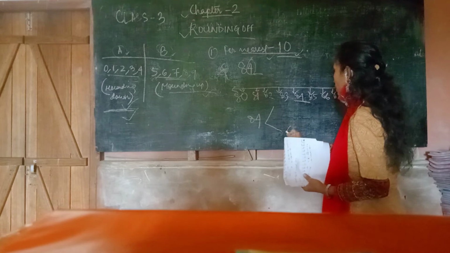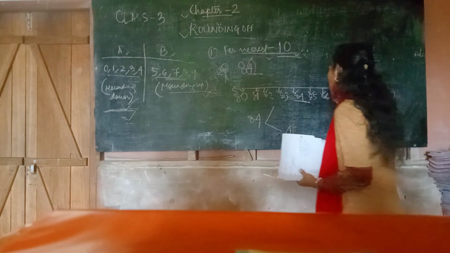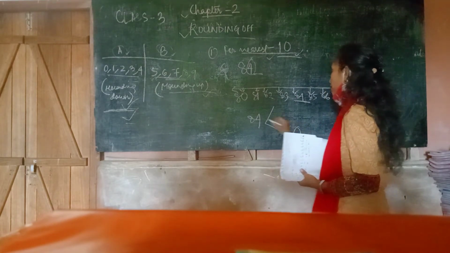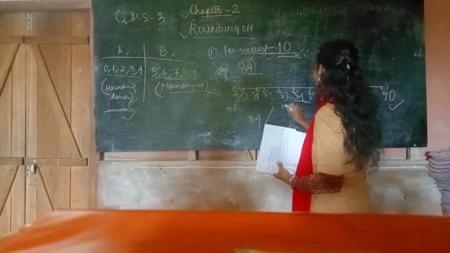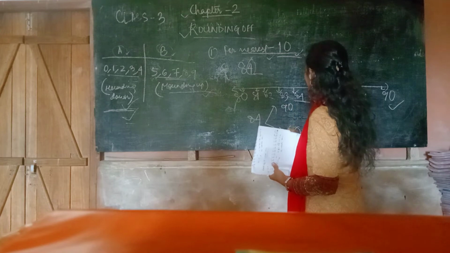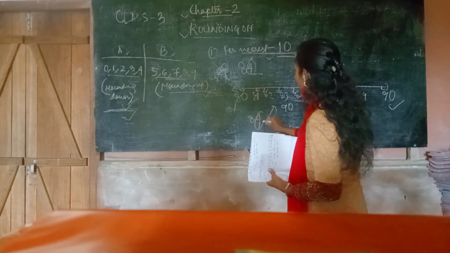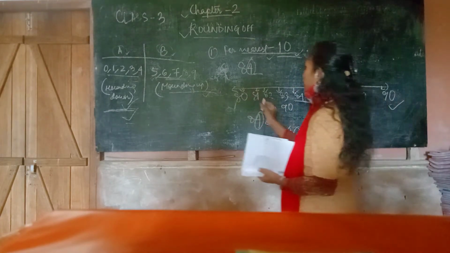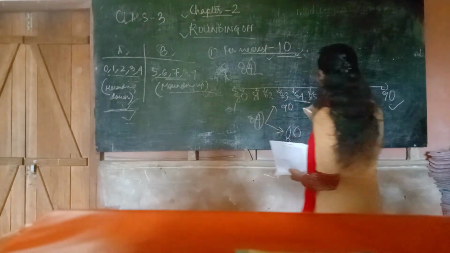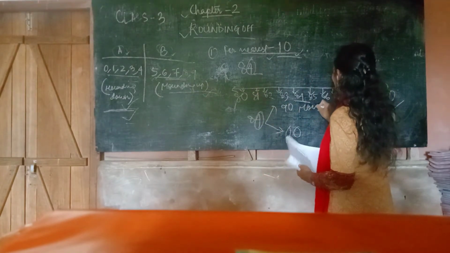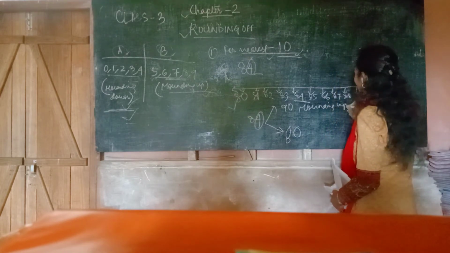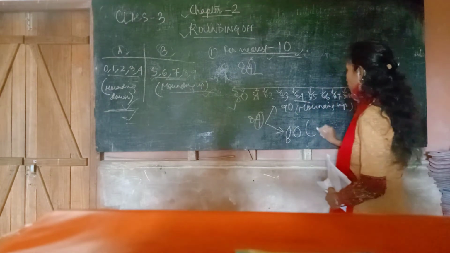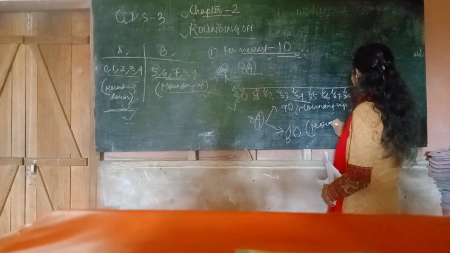Lowest number you will write here, okay? So it is 80. The lowest number is 80, the highest number is 90. The digit is 4, less than 5, so the highest number will be the rounding up and the lowest number will be the rounding down.